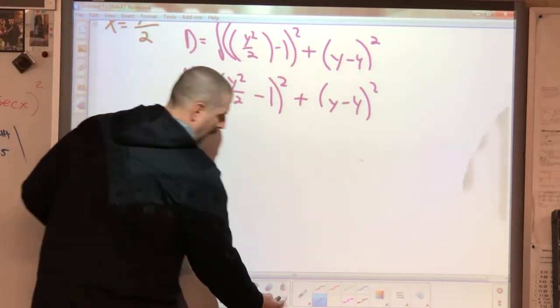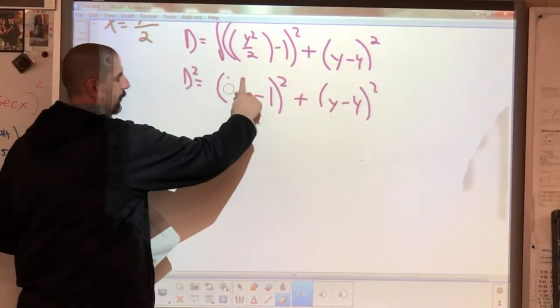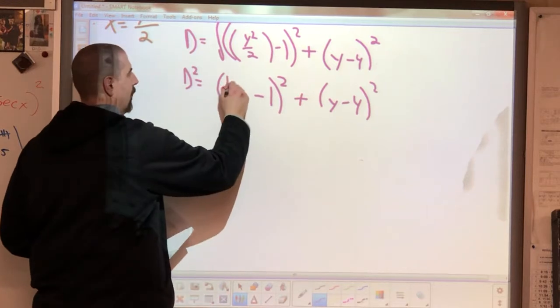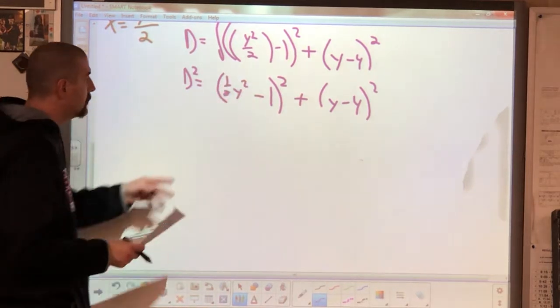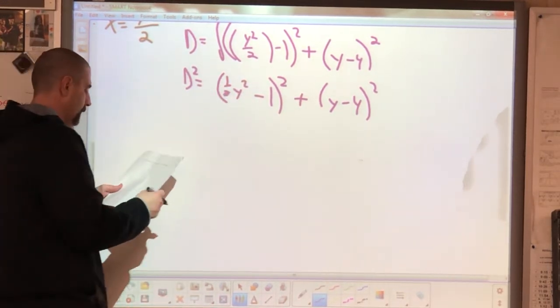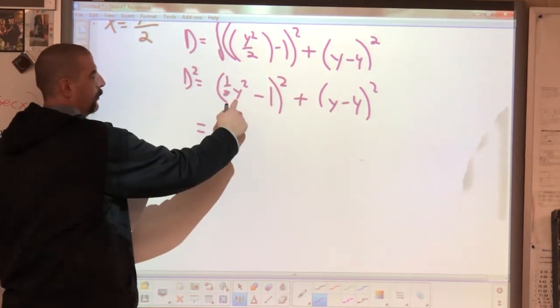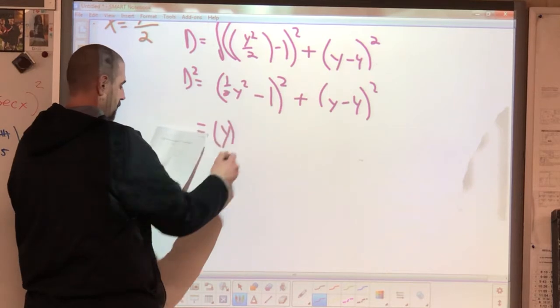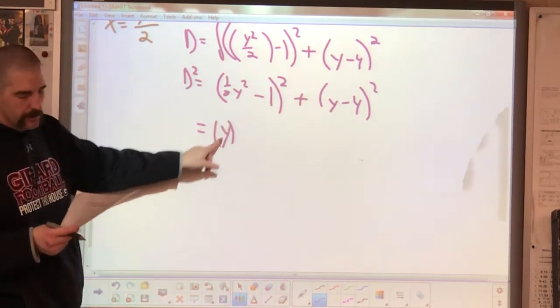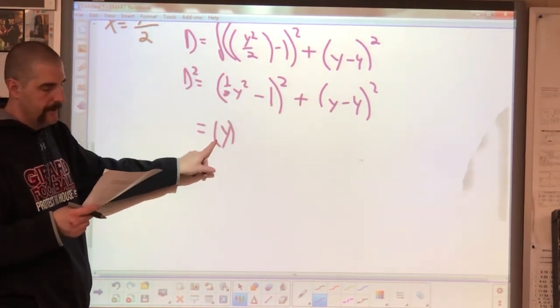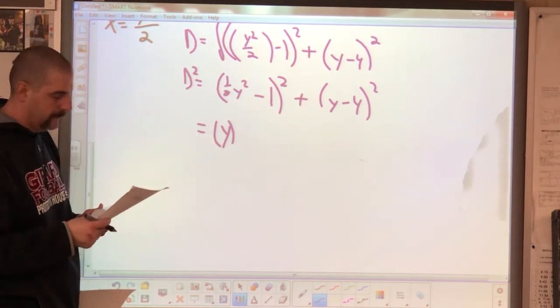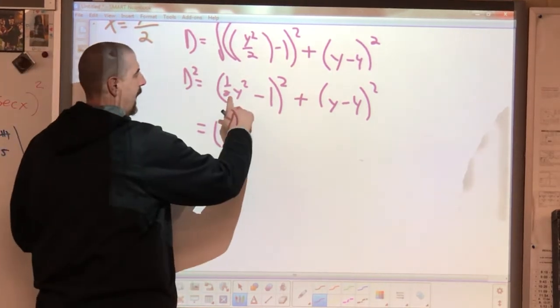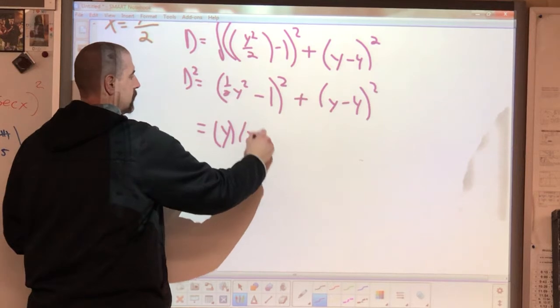Again, we wrote y squared over 2, but it's much easier to write 1/2 y squared. So now we're going to take the derivative, and it's going to be equal to y. Then move out to the outside, you're going to get a 2.